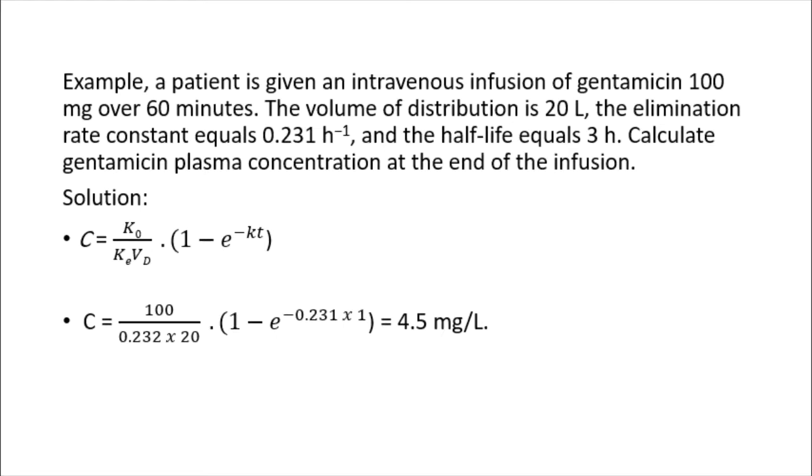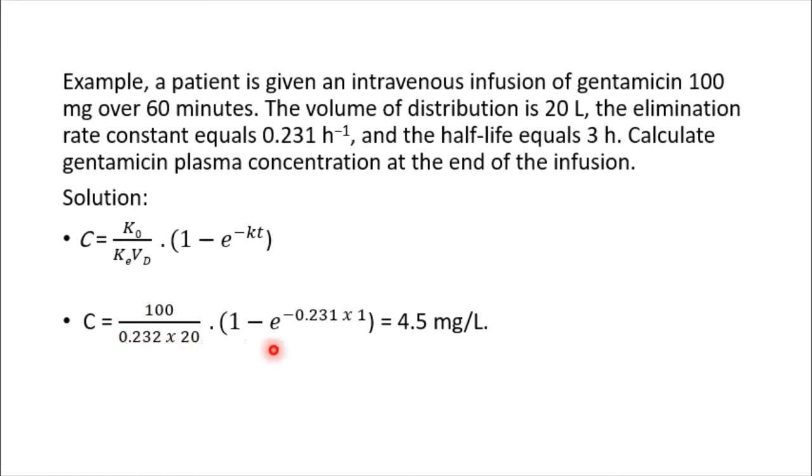So for aminoglycoside, as we said, we use the infusion equation. We can apply the rate of drug administration over elimination rate constant multiplied by volume of distribution, with the rest of the equation. Direct application: here we have the infusion rate, 100 milligram, and the elimination rate constant multiplied by volume of distribution.